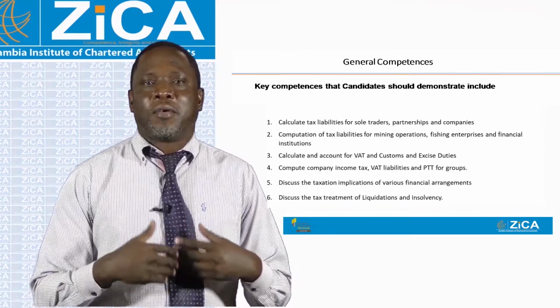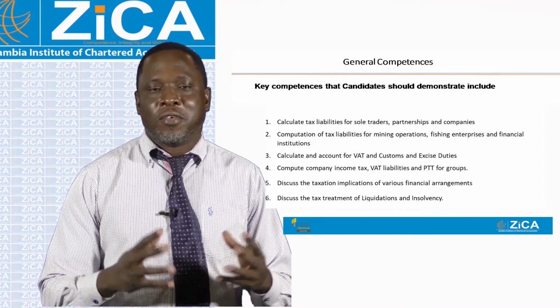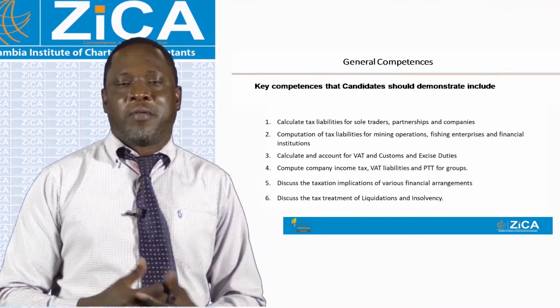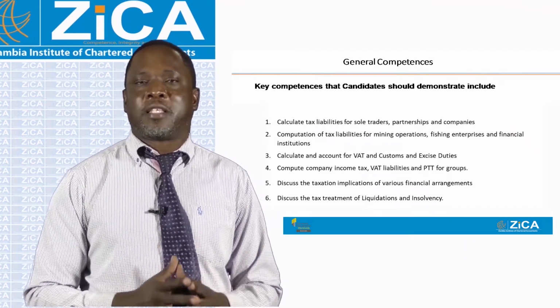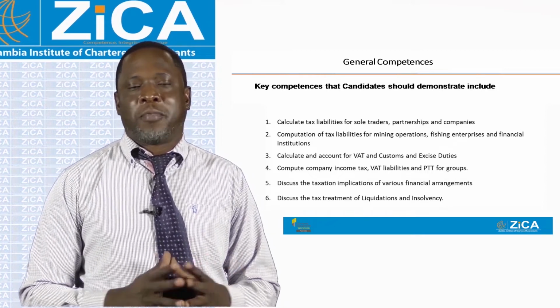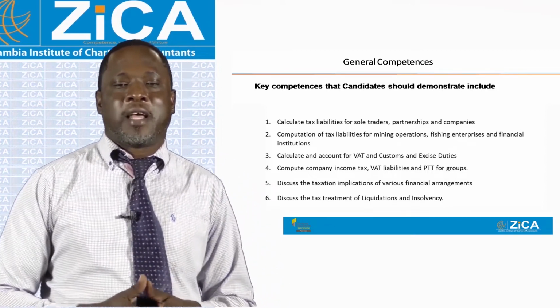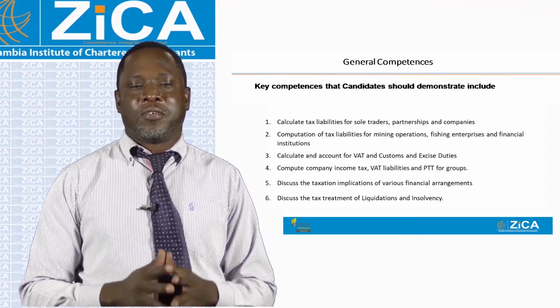Then, what are the learning outcomes? What will the examiner be testing you on? So, like I've already said, you should be able to handle the taxation of sole traders, partnerships, mining operations. Apart from that, you should also be able to calculate and account for VAT, customs and excise duties.